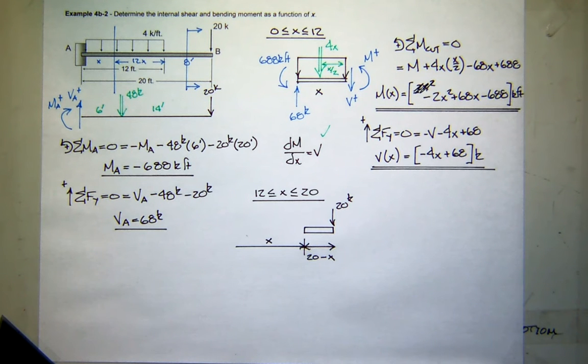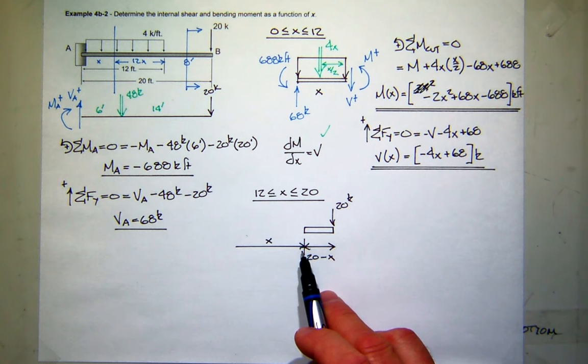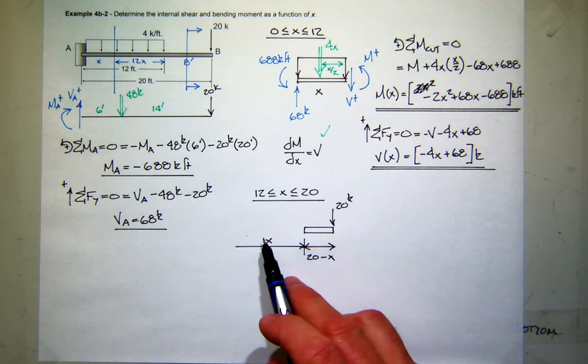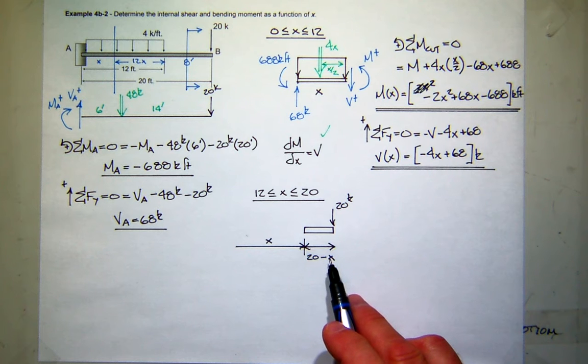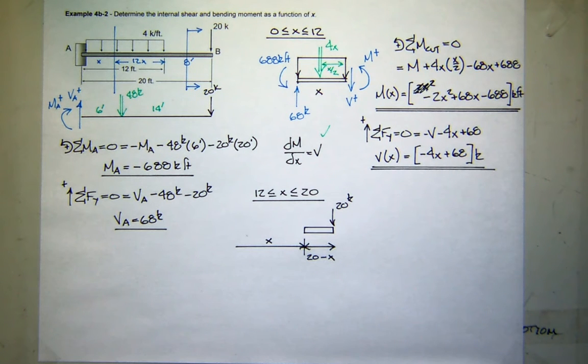It's got really quiet in here. You guys following this? I don't see the 20 minus x. Well, how long is the whole beam? The whole beam is 20. So if I go x to the middle, how much is left? x plus 20 minus x should equal 20. And it does.